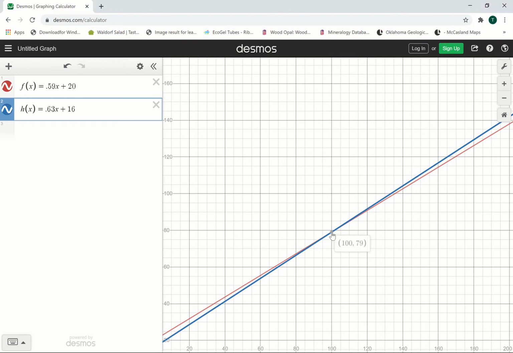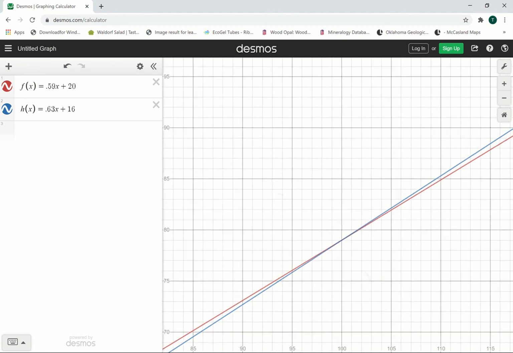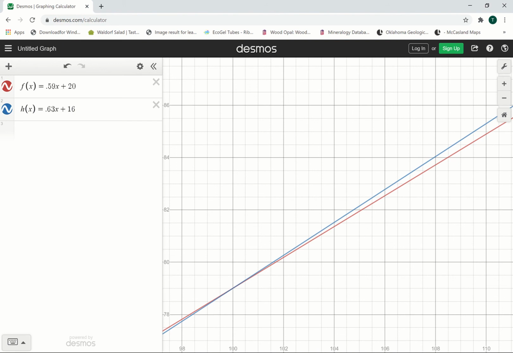Now, if truck 1 is the red line and truck 2 is the blue line, when we talk about being more expensive or less expensive, if you go beyond this break-even point right here at 100, do you see how the blue line is on top? Being on top means that it is going to be more expensive than the red line. The red line is truck 1.